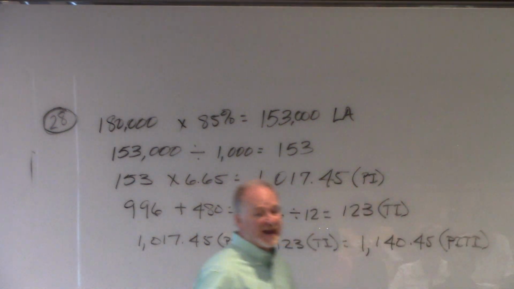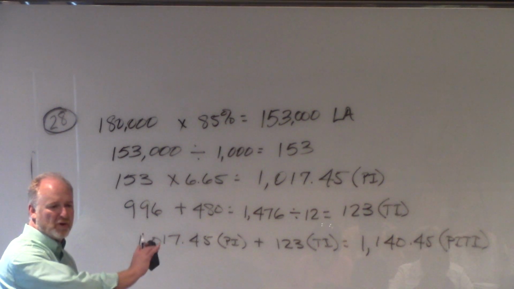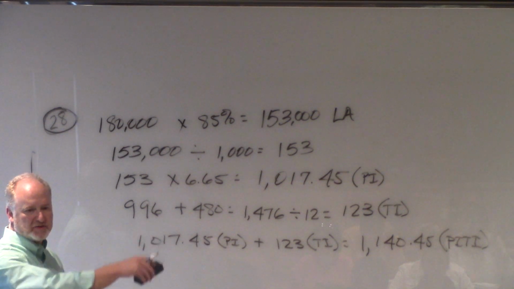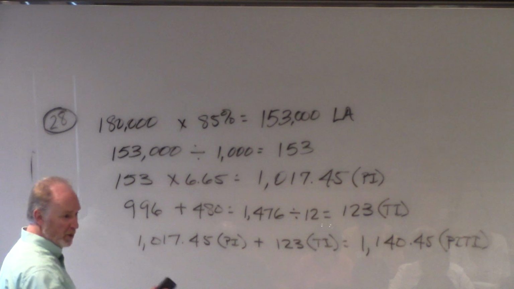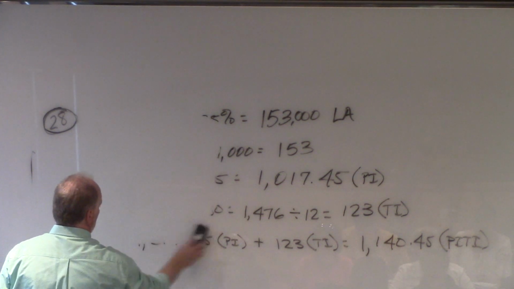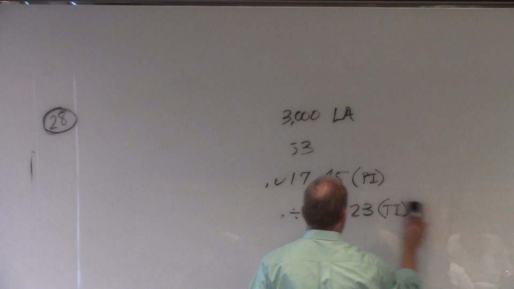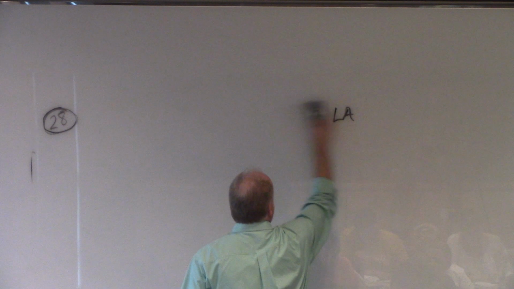Without even a segue, I'm going to go ahead and go into number 29. I am going to erase everything here, even though I know some of that information is probably going to be pertinent on this problem. You guys may have to remind me. Problem number 29.